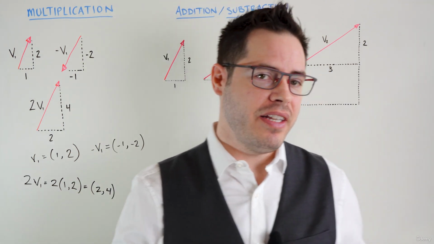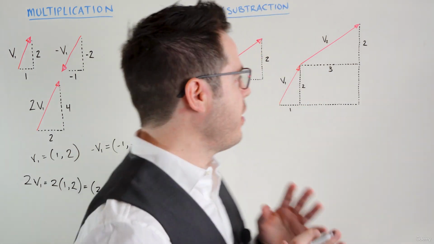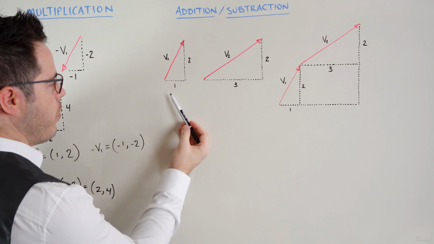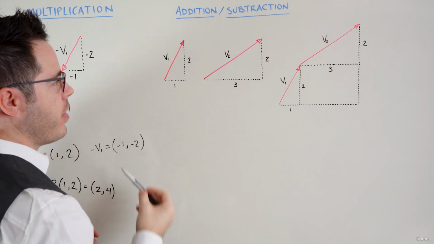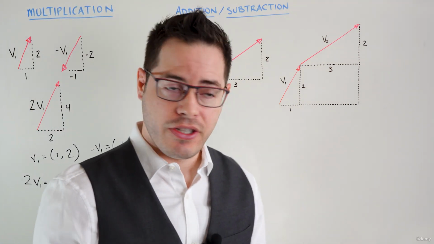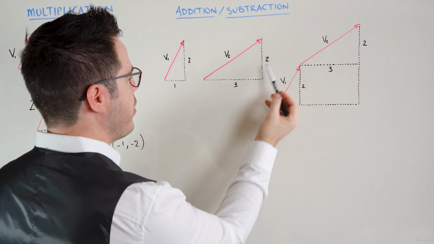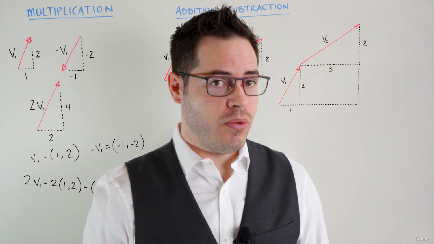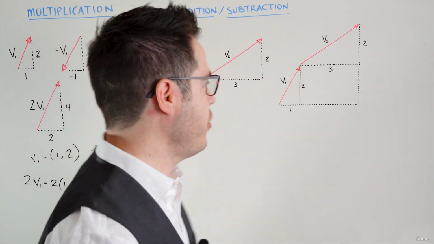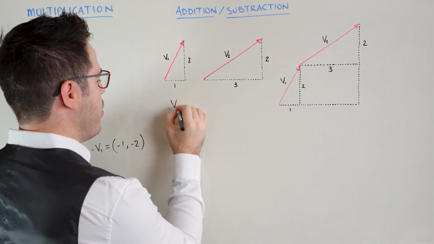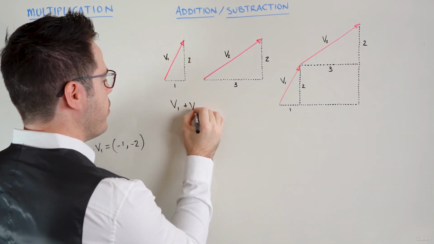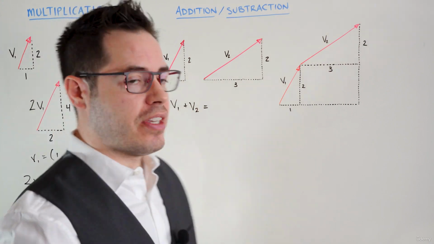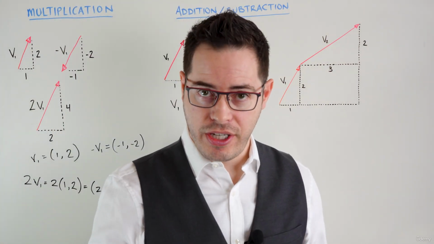Let's talk about addition and subtraction. Now, say I have a vector v1 with components 1, 2, and I have a second vector, v2, with components 3, 2. I want to add these two vectors together. Now this is a well-defined operation. Vector addition is something we can do. v1 plus v2 is the sum of v1 and v2.